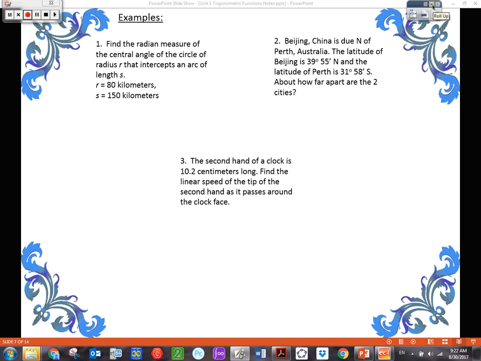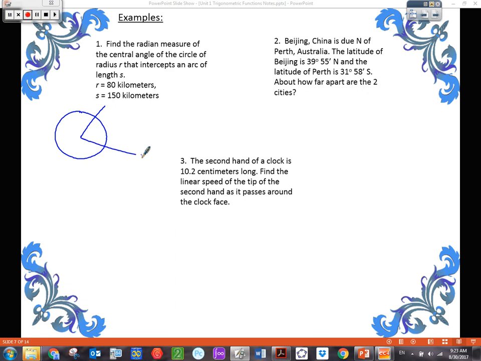So the first example that we're going to be working with is on arc length. We're told to find the radian measure of the central angle of the circle of radius r that intercepts an arc of length s. Okay, well, I am all about drawing pictures. I'm very visual. It helps me to understand what I'm doing. What does this mean? Intercepted arc.